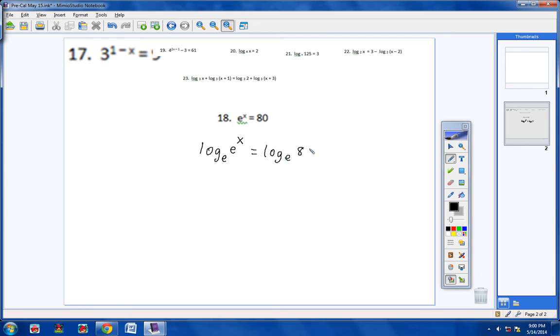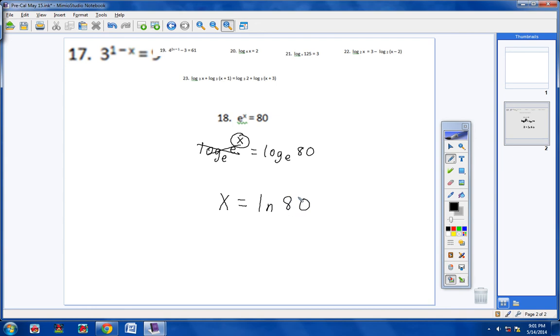There. Now the reason I did that, here's why. Notice over here I can use one of my shortcut log properties. Whenever the base of the log matches the base of the argument, the entire thing just equals the exponent. So this whole thing is gone, and I'm really left with x. Now over here, I have x equals log base e of 80, which is really the same thing as the natural log of 80.